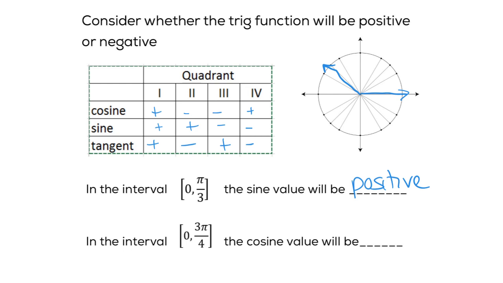In that interval, the cosine will be... you should have wondered, it actually is both. That was a trick question. Cosine is going to be positive right here, but in this section, it's going to be negative.